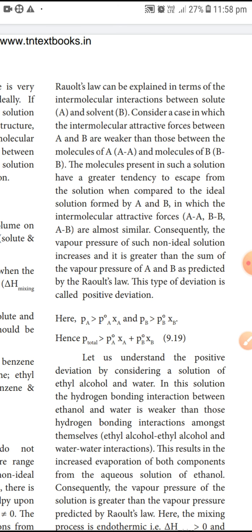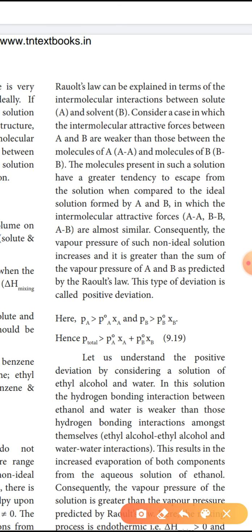Consider the case in which the intermolecular attractive force between A and B is weaker than those between the molecules of A-A and of B-B, where the atoms are connected together by intermolecular force of attraction.